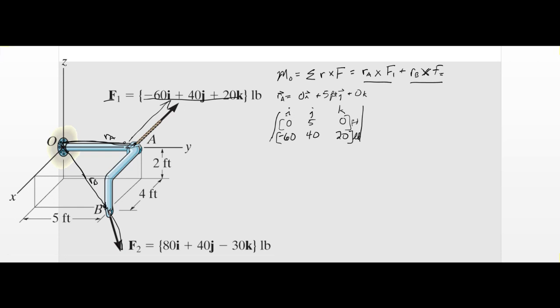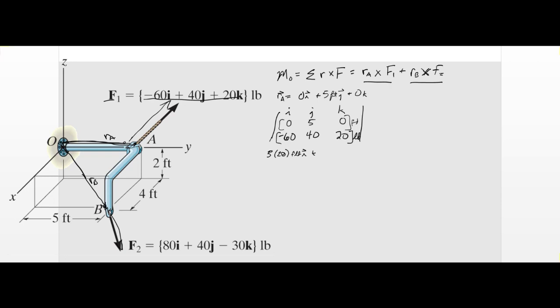Now to calculate this one, for the I term we'd cross out these particular parts, and we'd have 5 times 20 minus 0 times 40. So we have 5 times 20, and this is foot pounds in the I, plus, and then for the J, we cross out this column and this row.